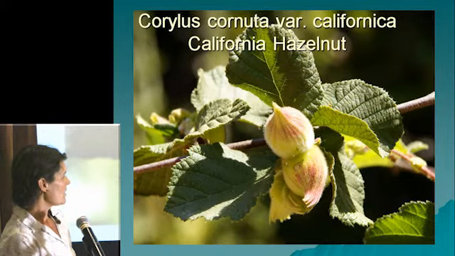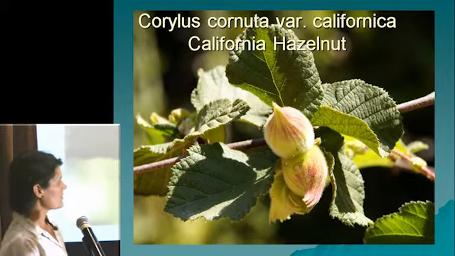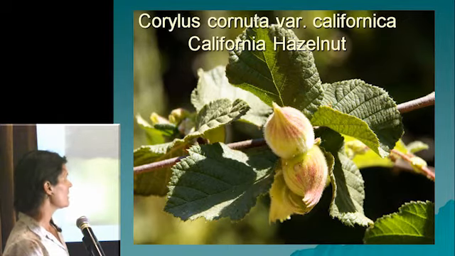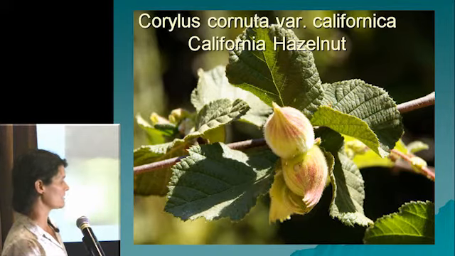And then some shrubs, Corylus cornuta variety californica, the California hazelnut. I think this is a beautiful shrub. It's mostly a shrub. It can be a small tree. I think they get up to 8 feet.